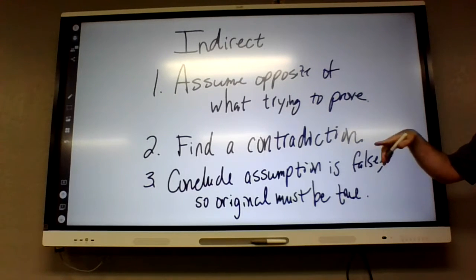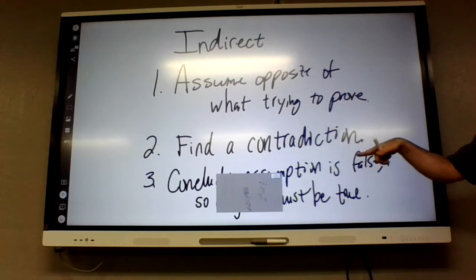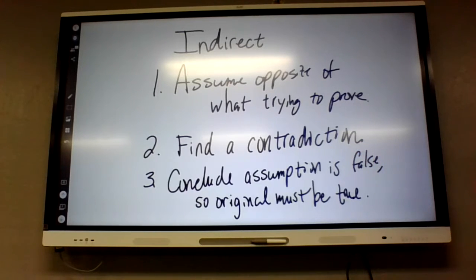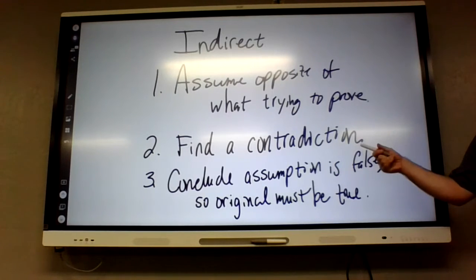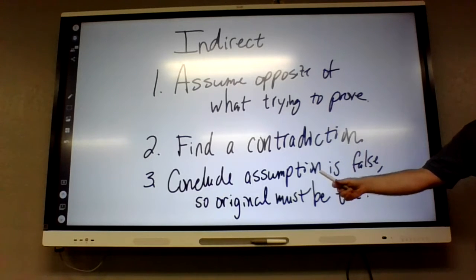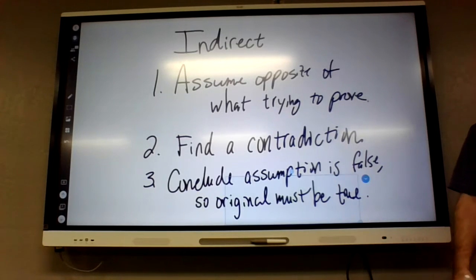Now if it was raining outside, I need to find a contradiction. If you guys were coming in from lunch, you should probably be wet, like we were last week when it rained. So that's a contradiction with my assumption. Therefore my assumption is false and it must be sunny outside.